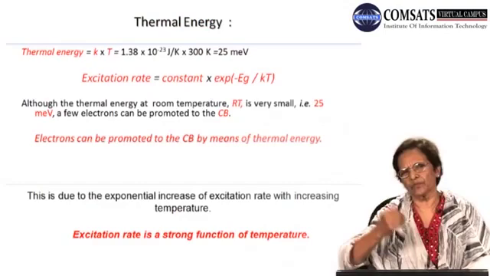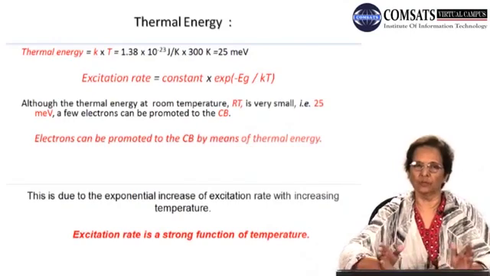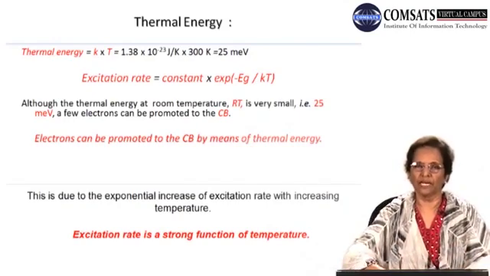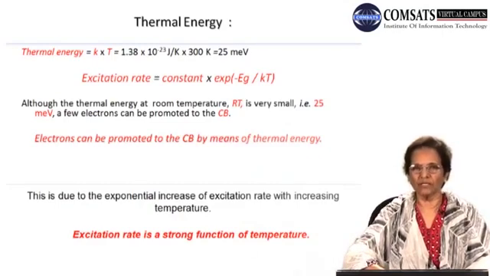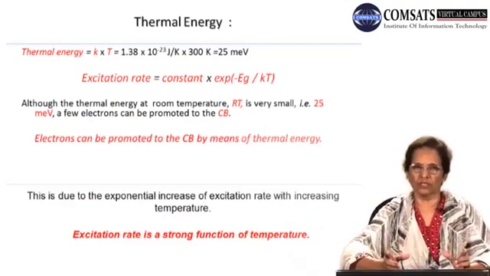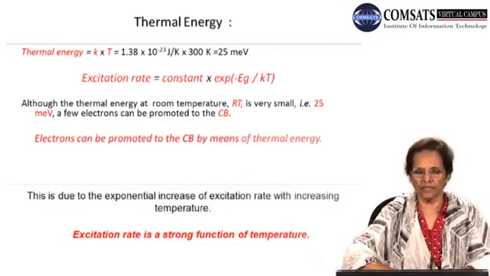A few minutes ago, I used the term that your semiconductor material is placed at some temperature, and that reference temperature I called 300 Kelvin, room temperature. Now at this temperature, the electrons as well as holes, or the whole crystal sample, are obtaining a certain amount of thermal energy.